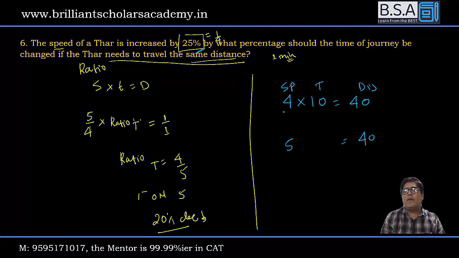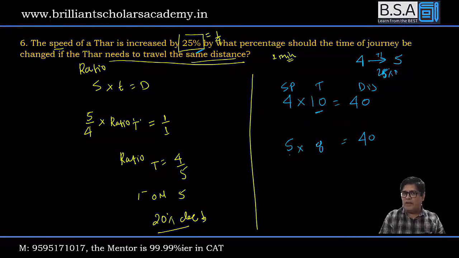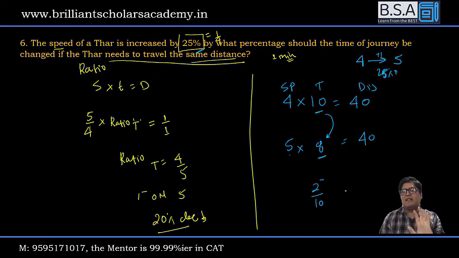See, 4 turning into 5 is 25% growth. So what should I multiply with 5 to generate 40? I should multiply 8. This is the old value of time. This is the new value of time. How much fall do you see? I see fall of 2 values on 10. 1 value on 10 is 10%. 2 values on 10 is 20% decline.